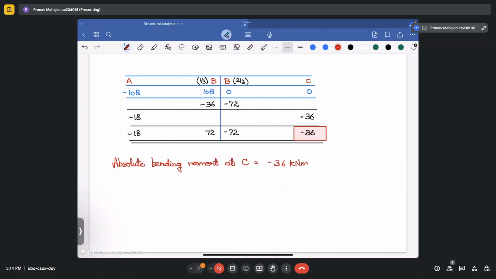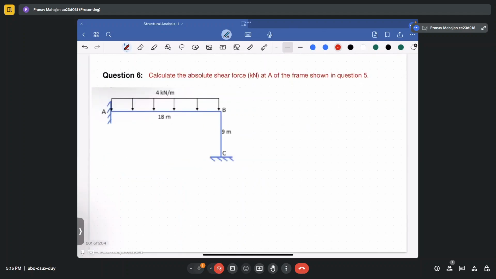Now what is the next question? In the next question, they are asking to calculate the absolute shear force at A. So similar to what we have done in the previous question, we will make the free body diagram. In this case, this is your VA, this is your VB, and you are getting the moment as negative 18.